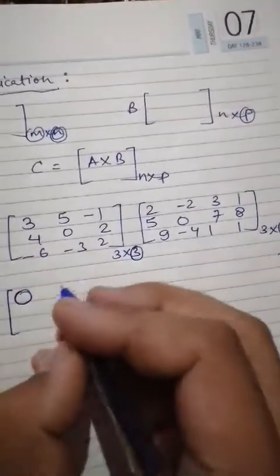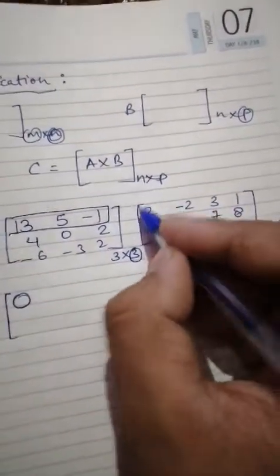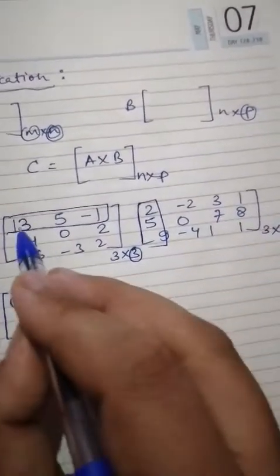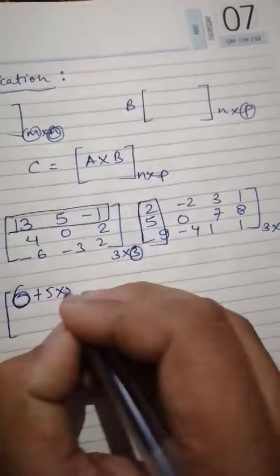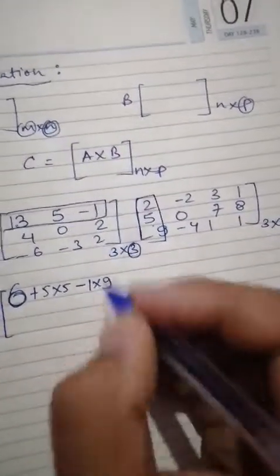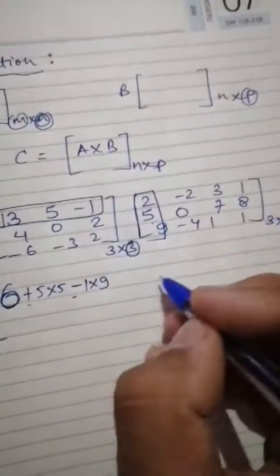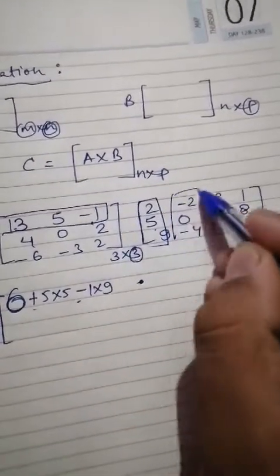the first element here. It will be the multiplication of this row by this column. So first we multiply 3 into 2, 6, plus 5 into 5, plus -1 into 9. So it will give the first element. Now for the second element here, we multiply this row by this column.